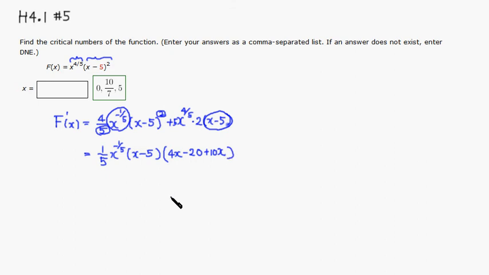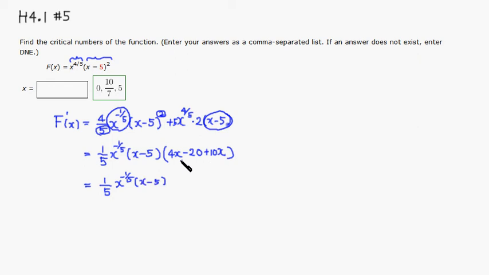So we have that, and just make sure that we don't have any sign mistake here. Then if you clean it up, you will get 1/5, x to the negative 1/5, and x minus 5.